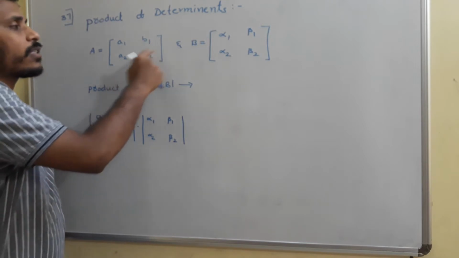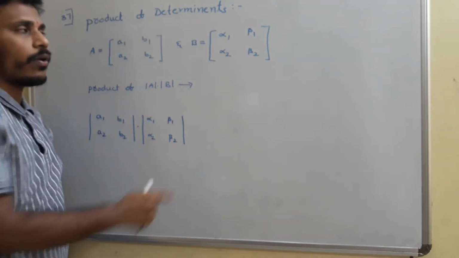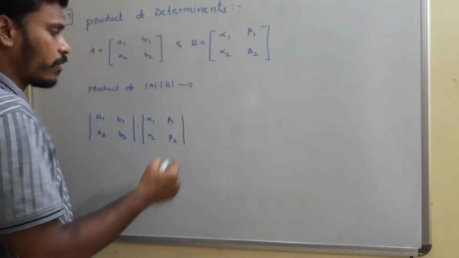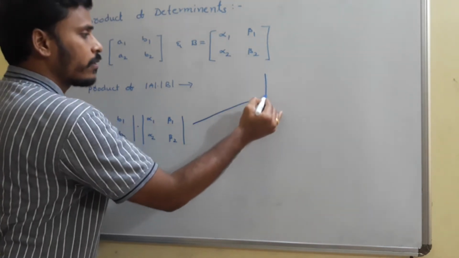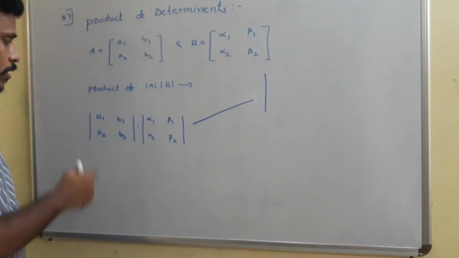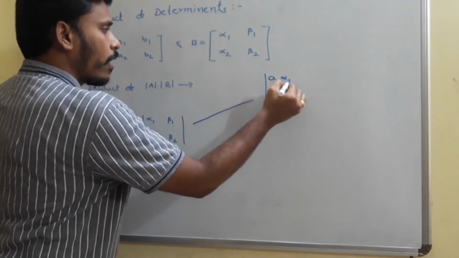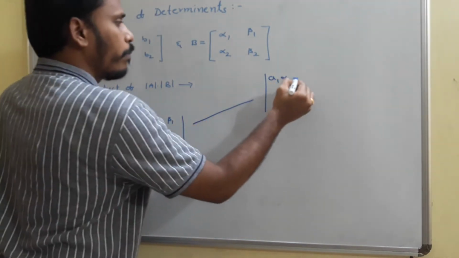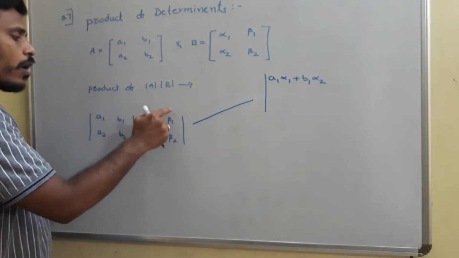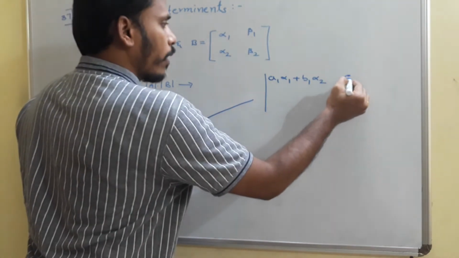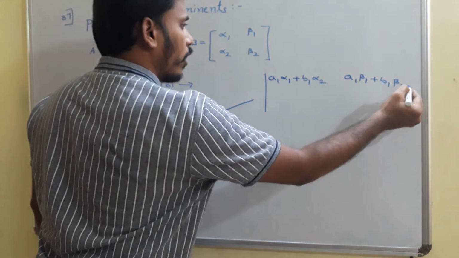We take the first row of the first matrix and the first column of the second matrix. So first row, first column gives A1 alpha 1 plus B1 alpha 2. Then first row with second column gives A1 beta 1 plus B1 beta 2.